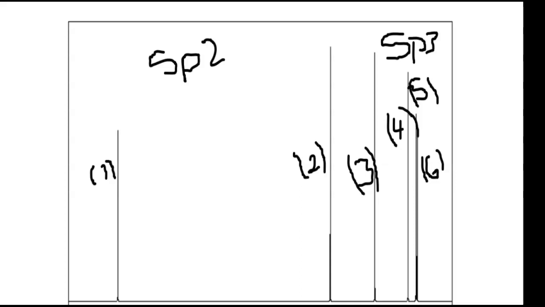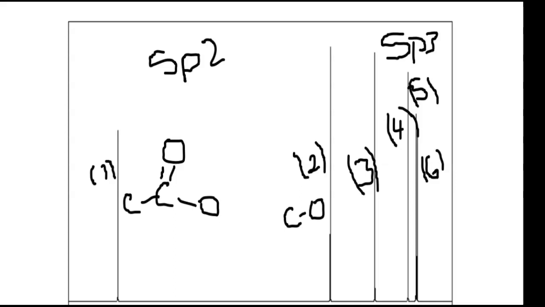number 1, and I had put the C that is double bonded to the oxygen here because, as we know, sp2 often goes with double bonds. We have that one here. And then for number 2, I had put down the C that is single bonded to the oxygen.